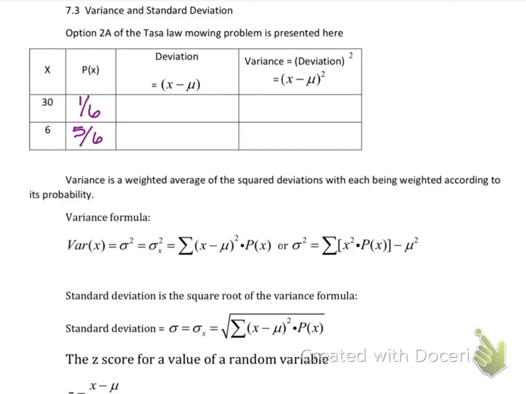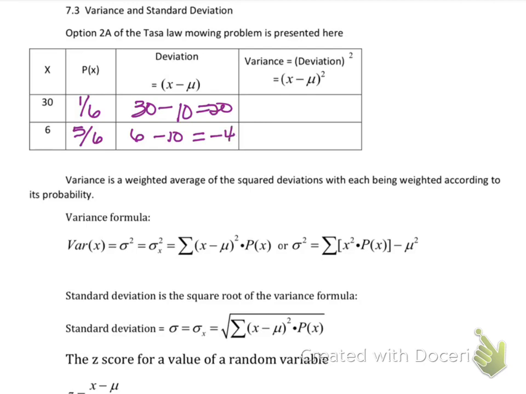So what's the deviation? The deviation is around the mean. So if your x is 30 minus the mean, which we said was 10, that deviation is 20. This deviation is greater, isn't it? So let me just redo that. This is going to be 6 minus 10, and you're going below.